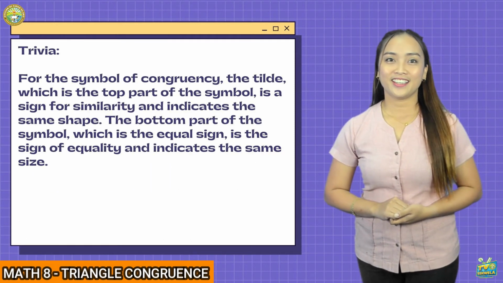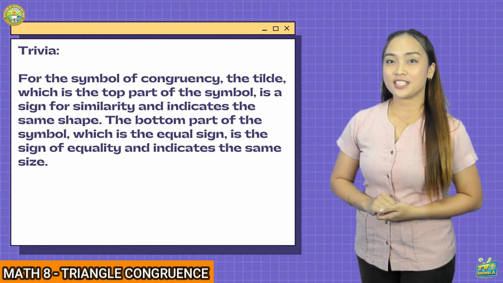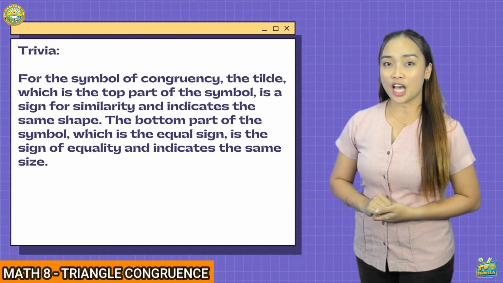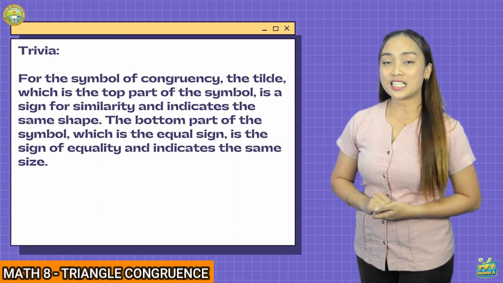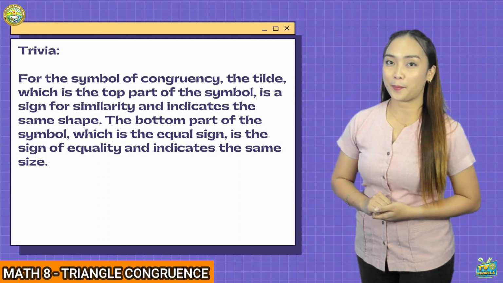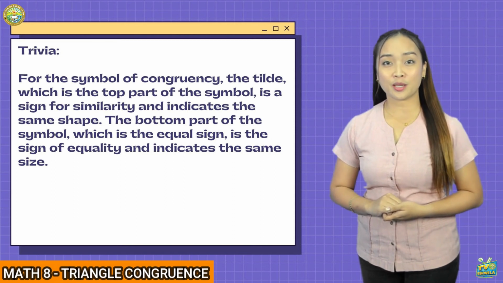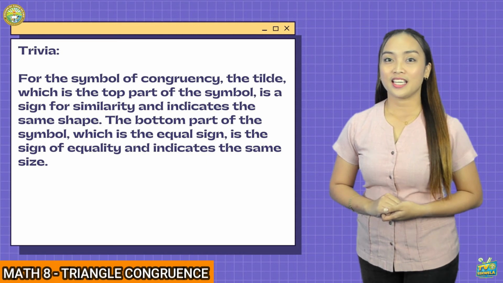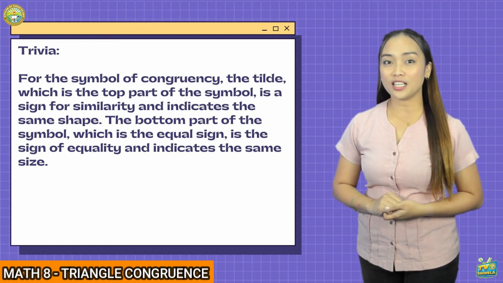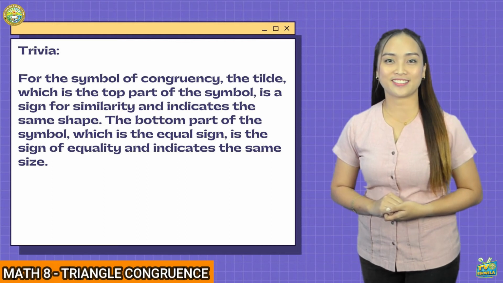Trivia. For the symbol of congruency, the tilde, which is the top part of the symbol, is a sign for similarity and indicates the same shape. The bottom part of the symbol, which is the equal sign, is the sign of equality and indicates the same size.